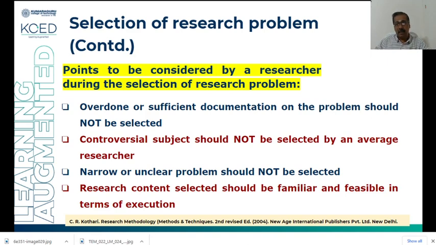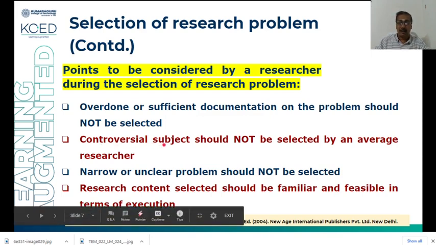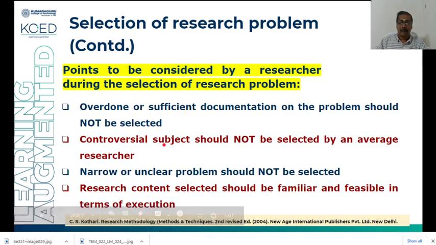Such a controversial subject or context should not be taken as a research problem, and here the tenure is very important. Say within a year or within two years you want to complete something, for that you should not take this type of controversial subject. This is a tenure-based issue.